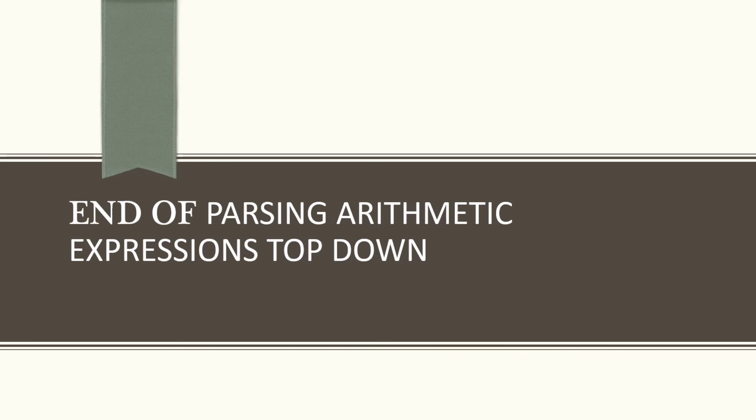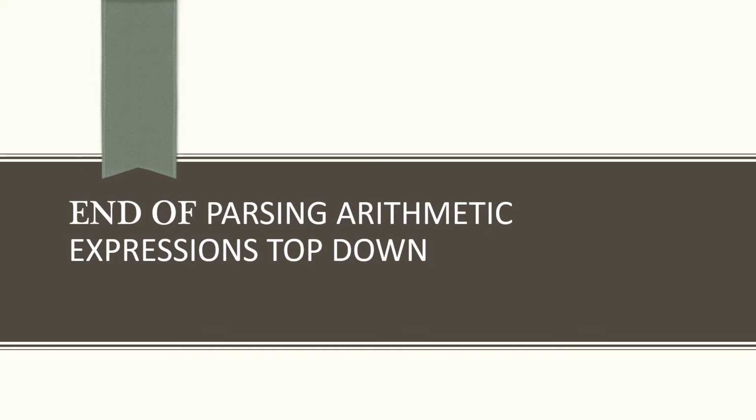So we come to the end of parsing arithmetic expressions top-down. In this subtopic, what you learn is to be able to identify whether the grammar is in LL1 or not. If the grammar is not in LL1, then you need to identify the left recursions and remove them. When you remove the left recursions, you need to introduce a new non-terminal.